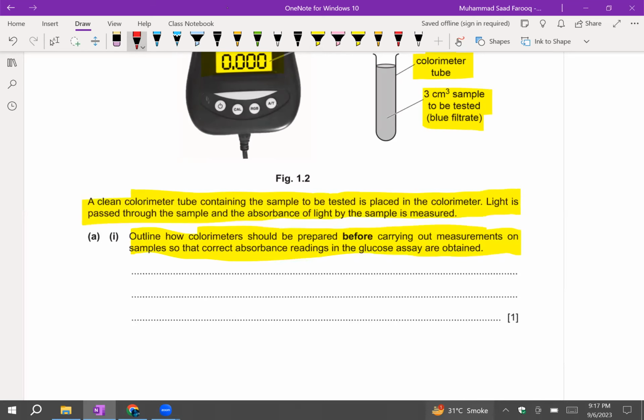Number one, we need to set a certain wavelength of light. Means we need a filter, actually a colored filter.